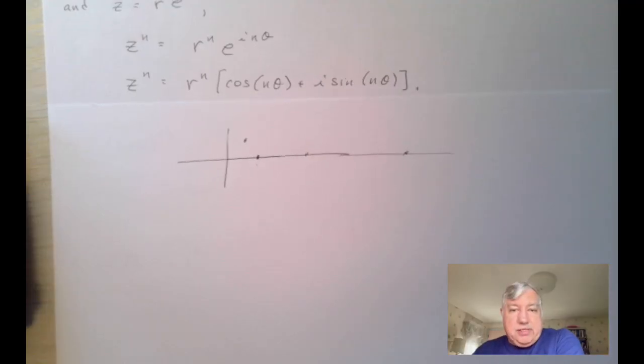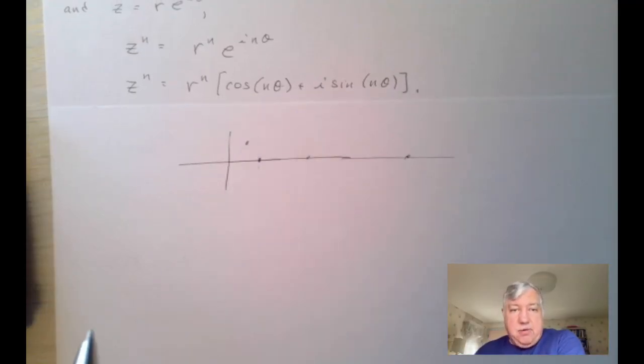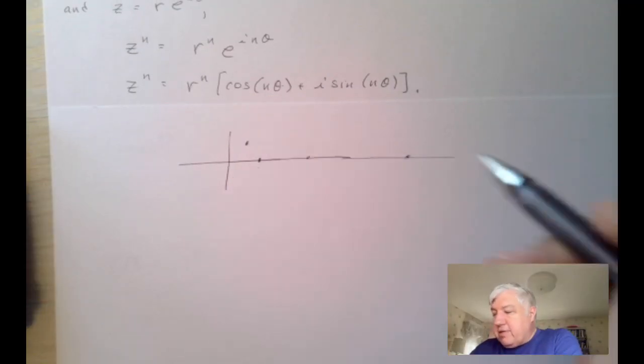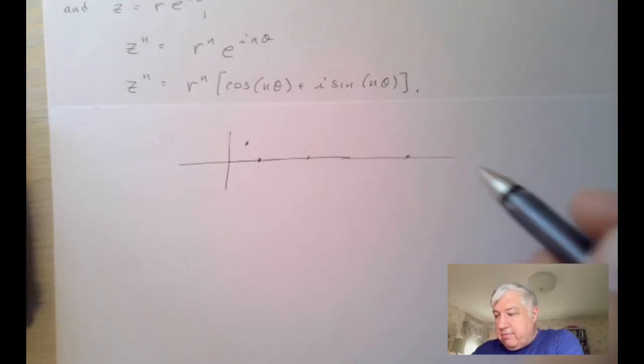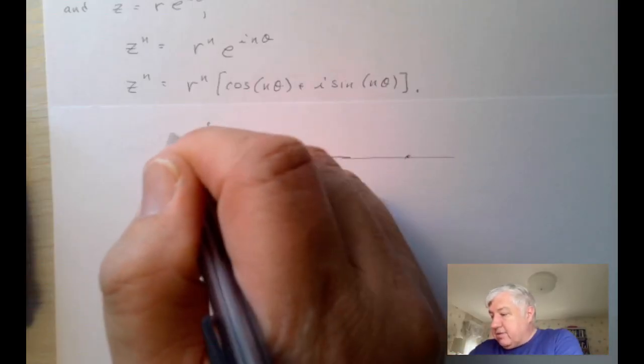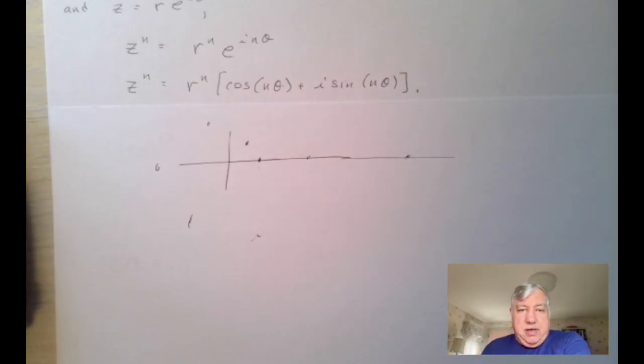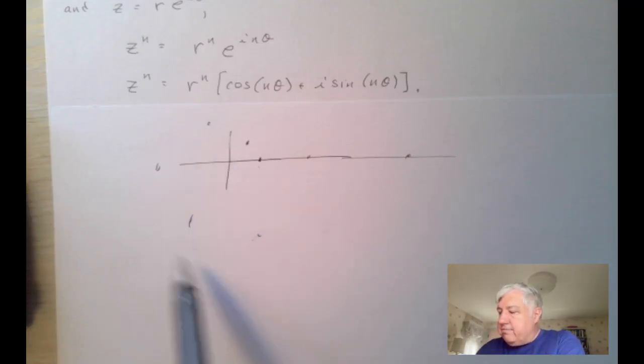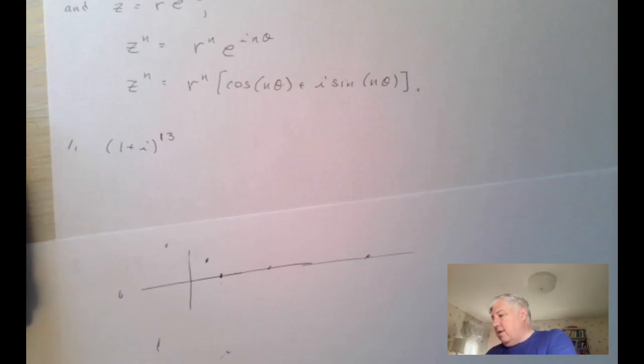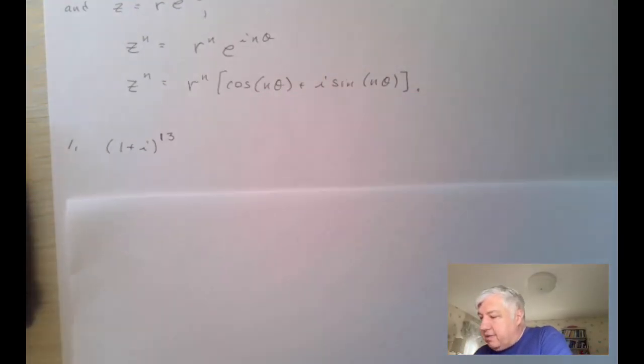But they're all on the x-axis because theta is 0. But if we take a number that's off the real axis, the modulus is going to keep growing, and the powers are going to get increasingly further from the origin, but they're also going to have different arguments.